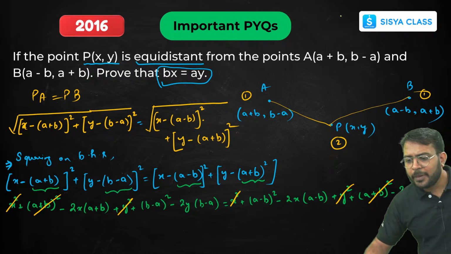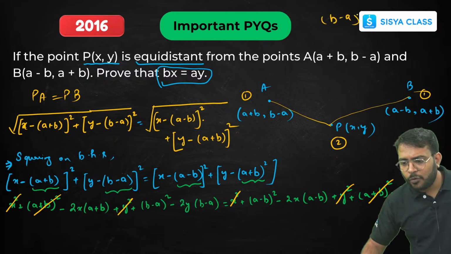अगर मैं यहाँ पर बेटा b minus a whole square, ठीक है. If I am going to take minus common, all right, what I am going to get?